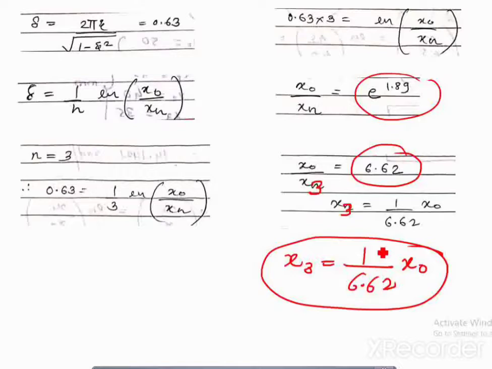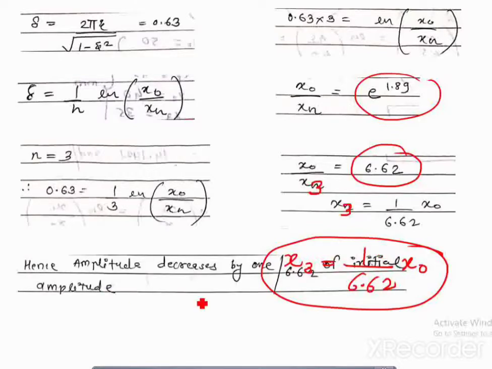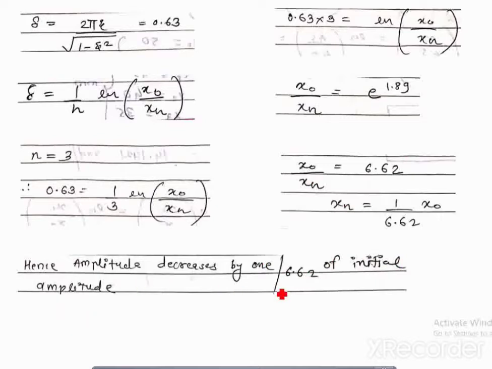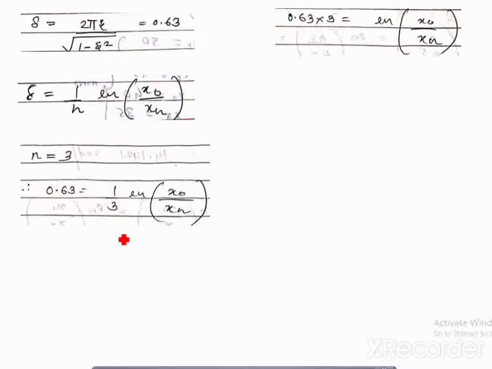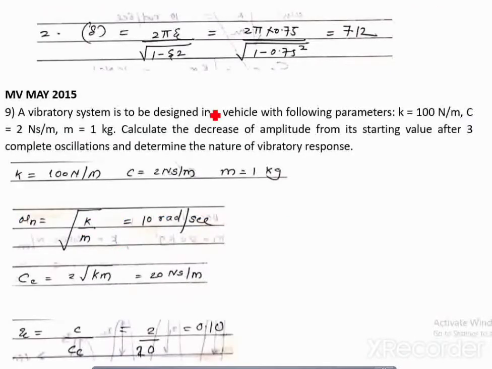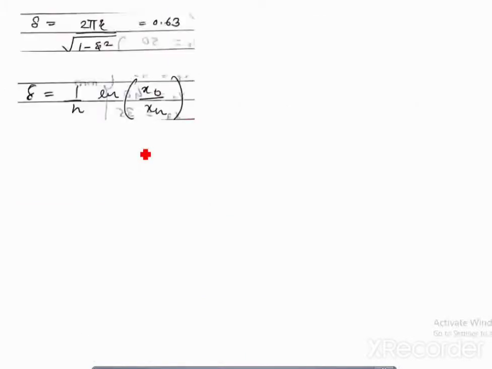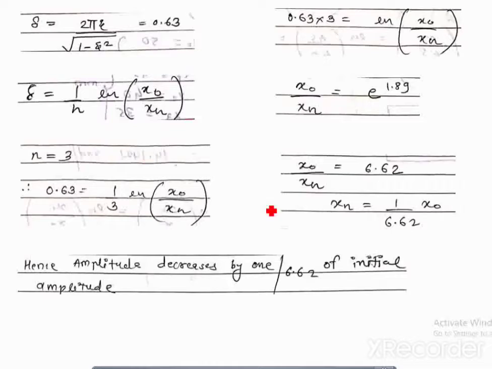So what I am getting is that the amplitude decreases by 1 by 6.62 of the initial amplitude. Okay, I will move backward. You can see: calculate the decrease of amplitude from its starting value after 3 complete oscillations. So what is the final answer? After 3 complete oscillations, the amplitude decreased to 1 upon 6.62 times the initial amplitude, that is x0. This is your final answer.